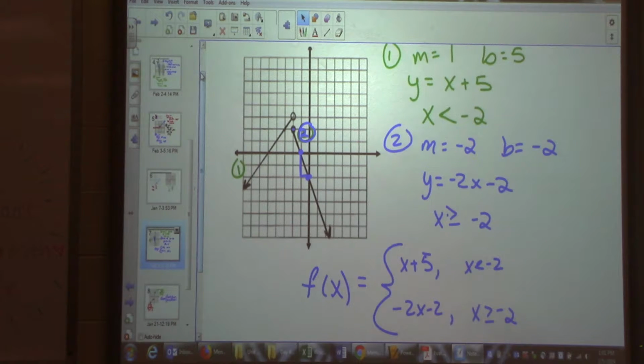Guys, it doesn't matter which equation you put on top, which you put on bottom, as long as you match up what our x values are going to be with the actual equation.